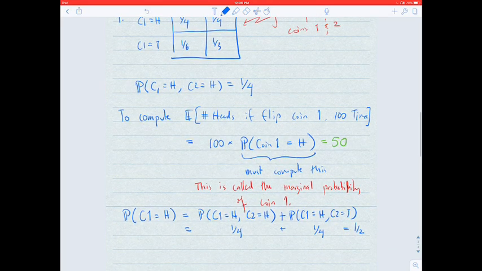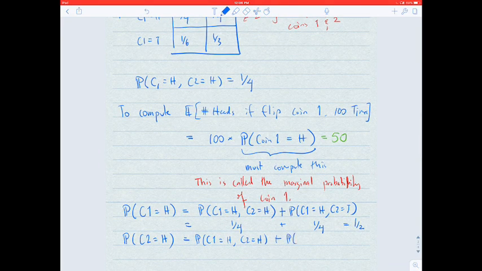The probability that coin 2 is equal to heads is the same kind of calculation. It's the probability that coin 1 equals heads and coin 2 equals heads, plus the probability, not that coin 1 equals heads and coin 2 equals tails, that's not what I care about. I only care about coin 2 being heads right now. So it's this.